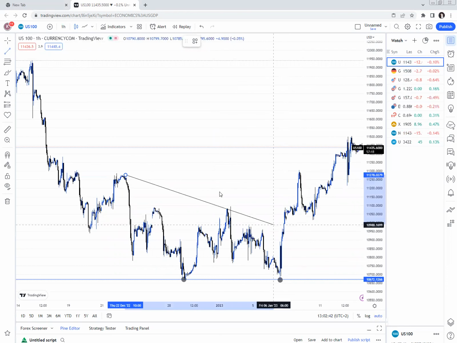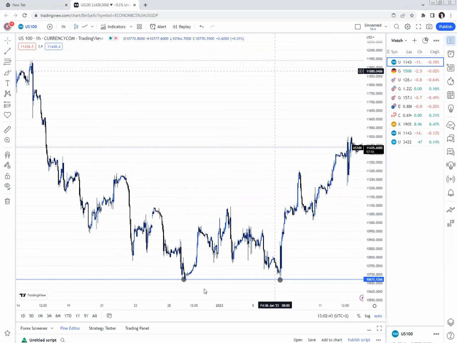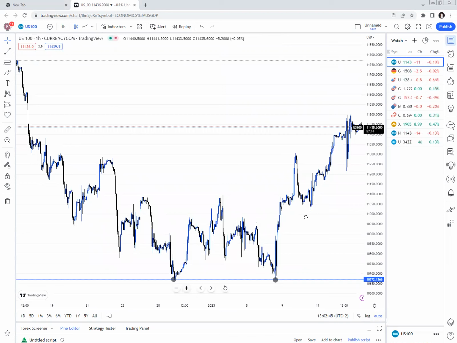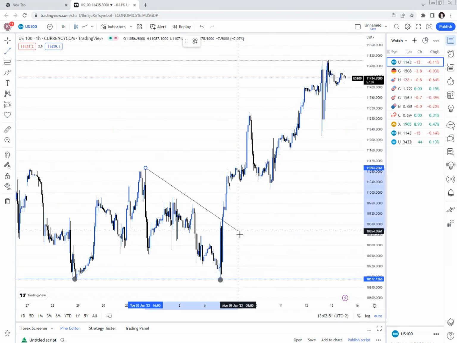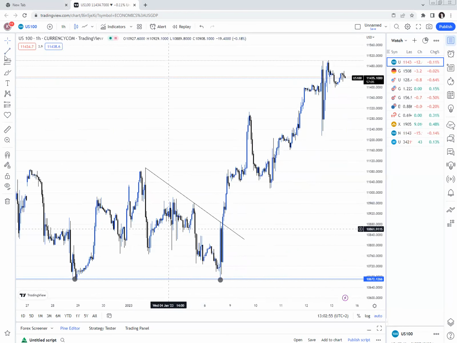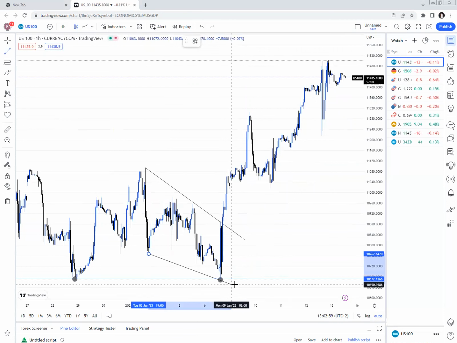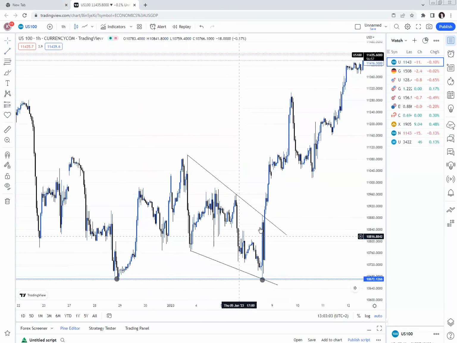Understand? So when I check here, there was a little downtrend there on the 1 hour time frame.